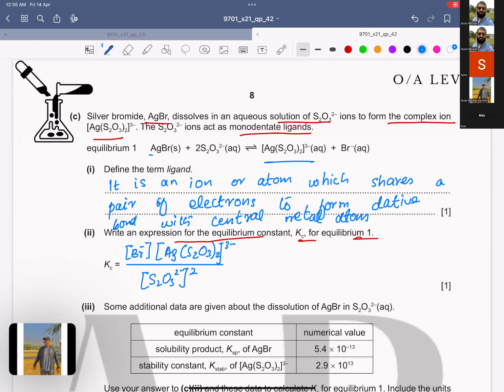We do not include the silver bromide because it's a solid.